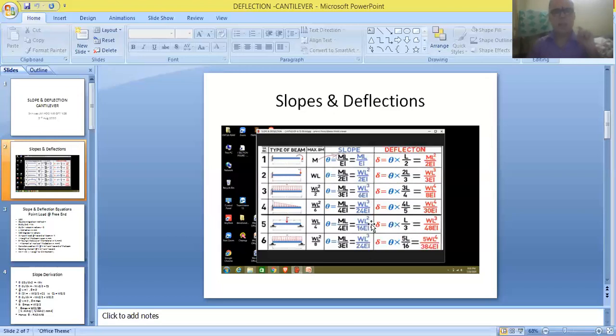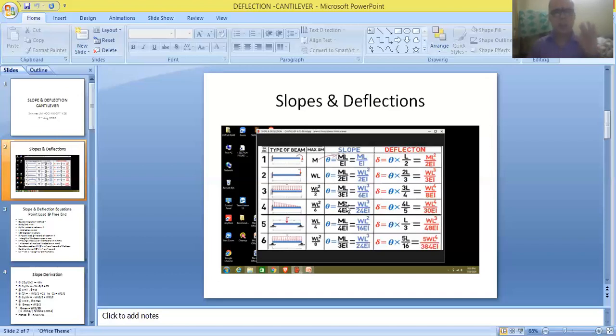And secondly, we can see these parameters, capital W. That is a point load acting on the beam, as I've already told you, denoted by capital W. But where a UDL is acting, it has to be shown as a small w. So we have to indicate the difference between point load and uniformly distributed load.